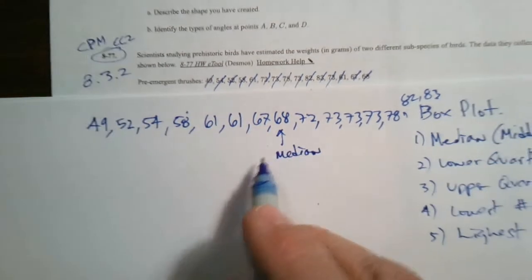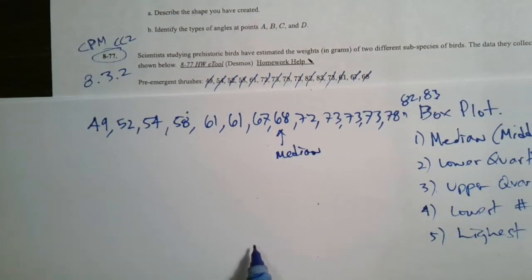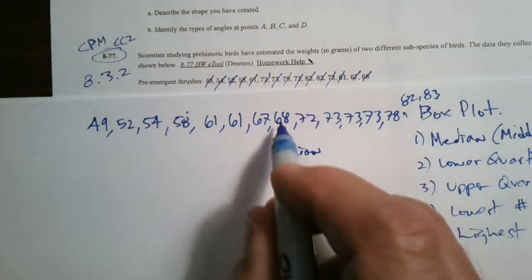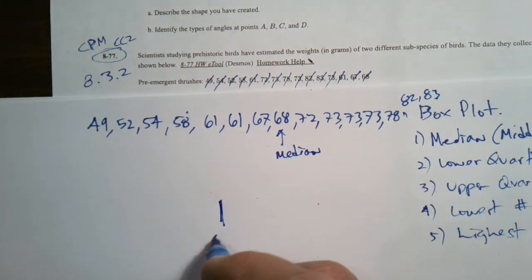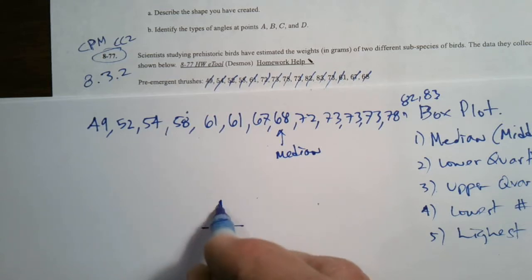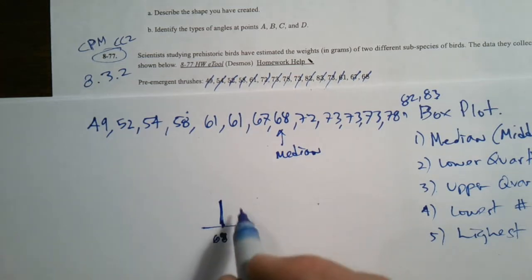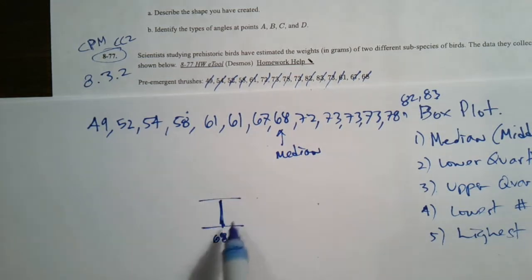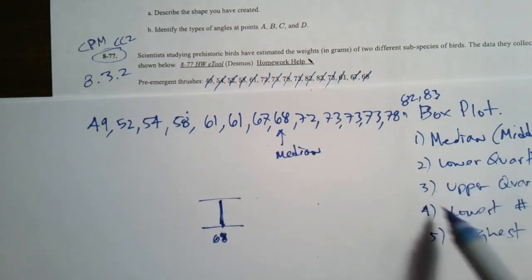Okay, so I'm going to create my first box plot. Then I will line up my second one based on my scale. I like to label what I have, so I know the middle of the box is going to be 68. That's my median. Then I look for my lower and upper quartile.